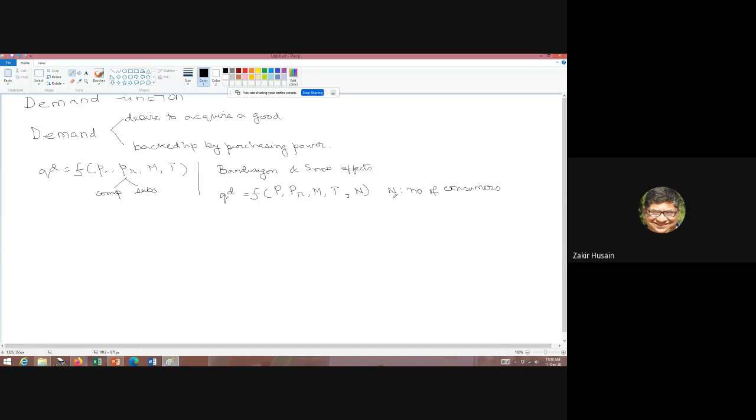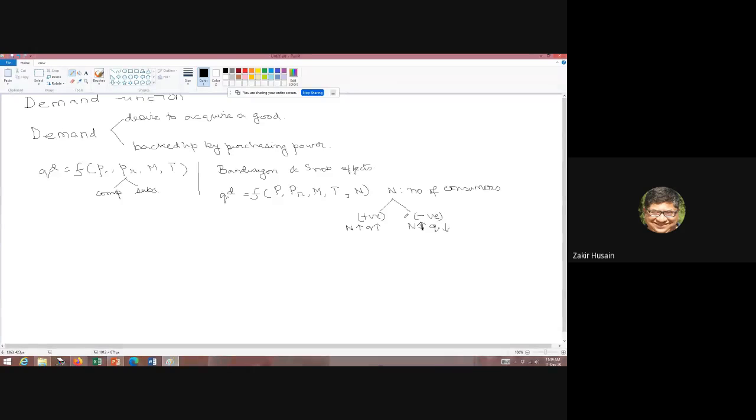In that case, N can affect the demand in two ways: positive, so if N increases, demand for X increases, or negative, if N increases, then Q falls.